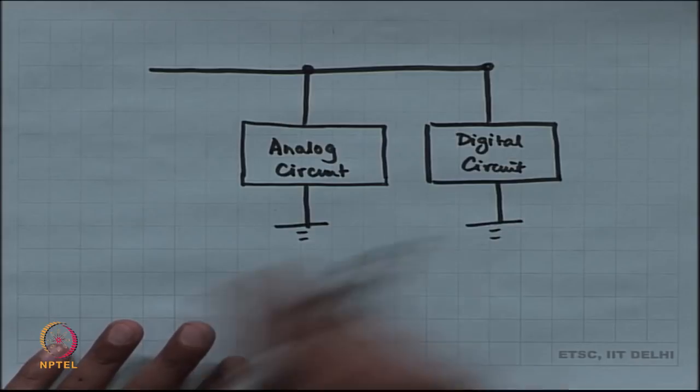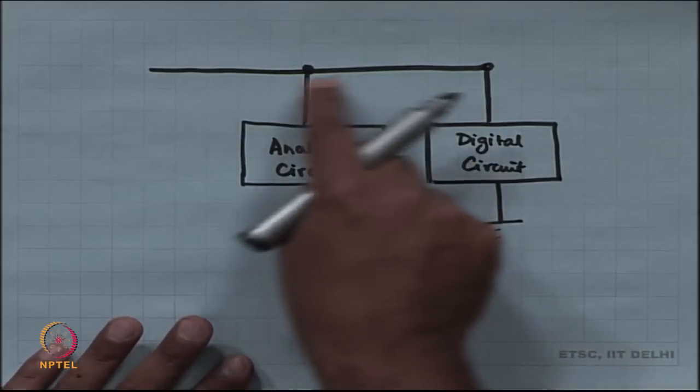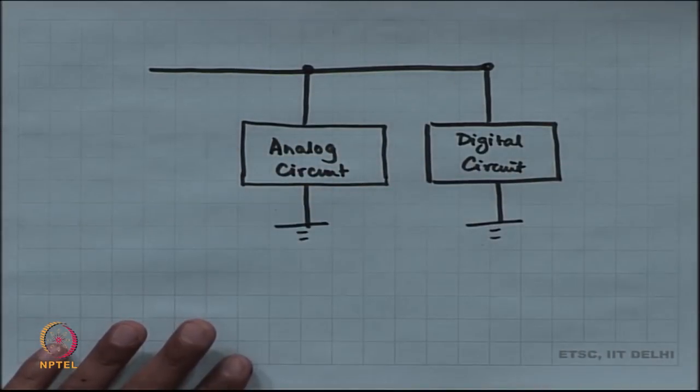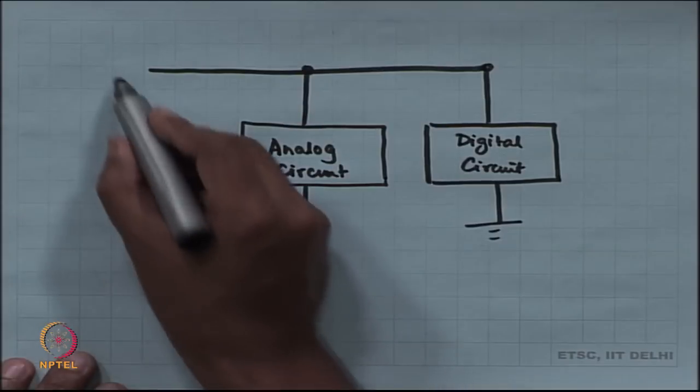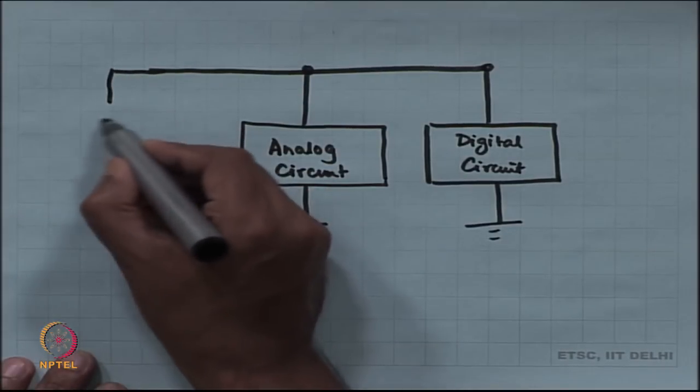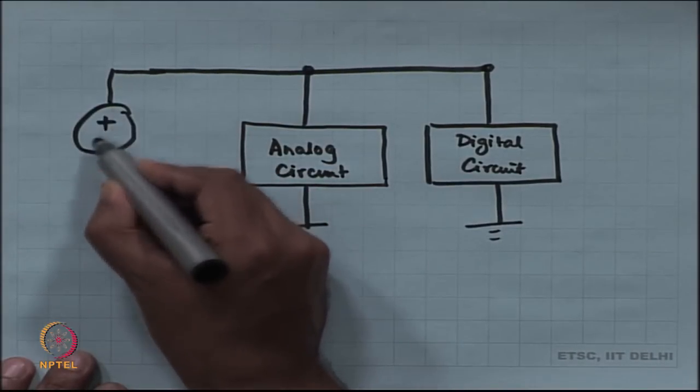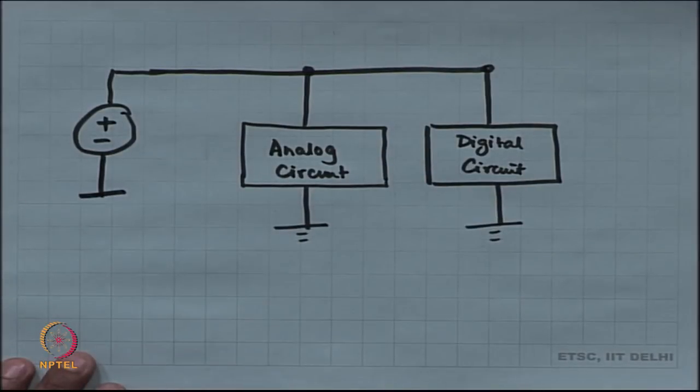And this wire is going all the way to the battery or the power supply. Now, this all looks very nice, but the problem is that the battery will have some source resistance.